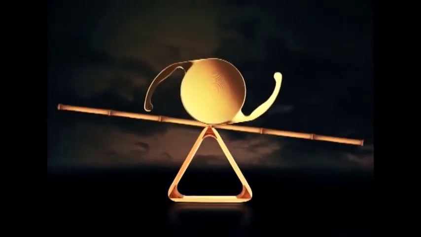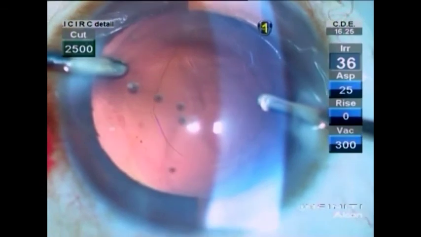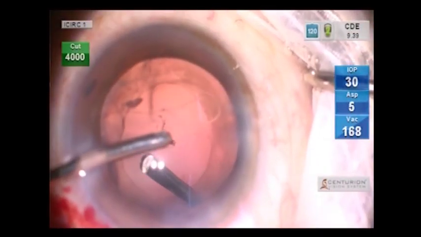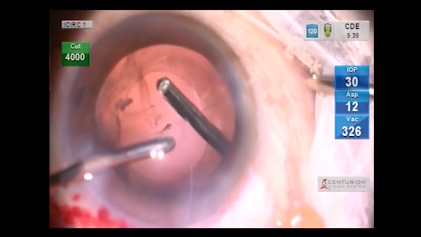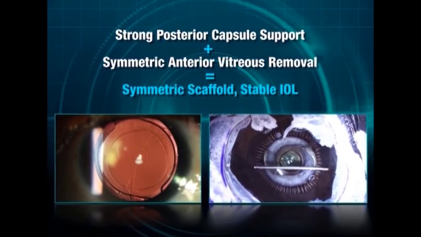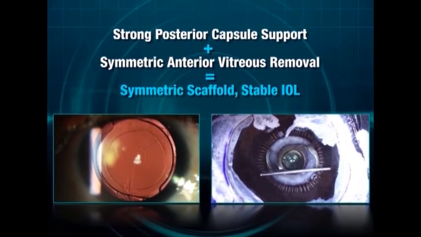We are now convinced that combining a strong posterior capsule support with a symmetric anterior vitreous removal together is the formula for a symmetric scaffold, stable IOL.